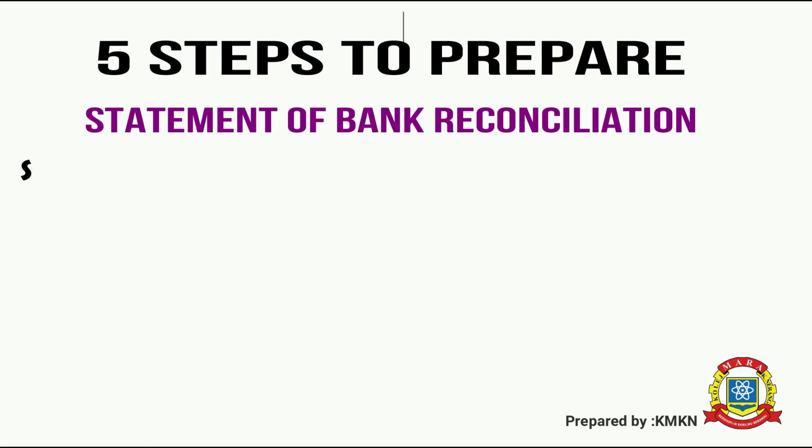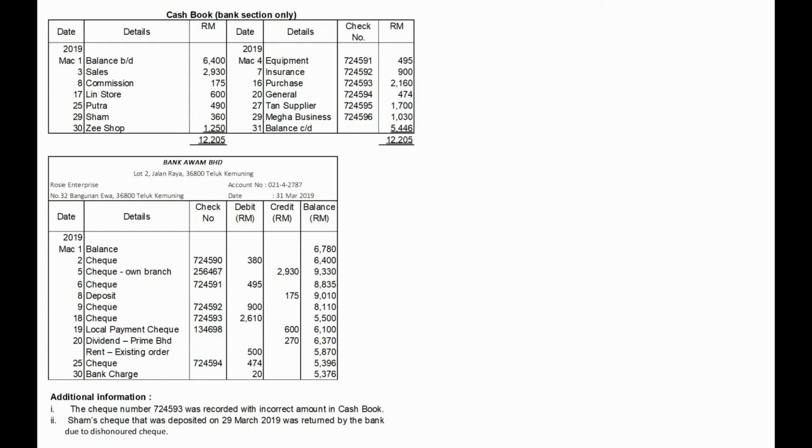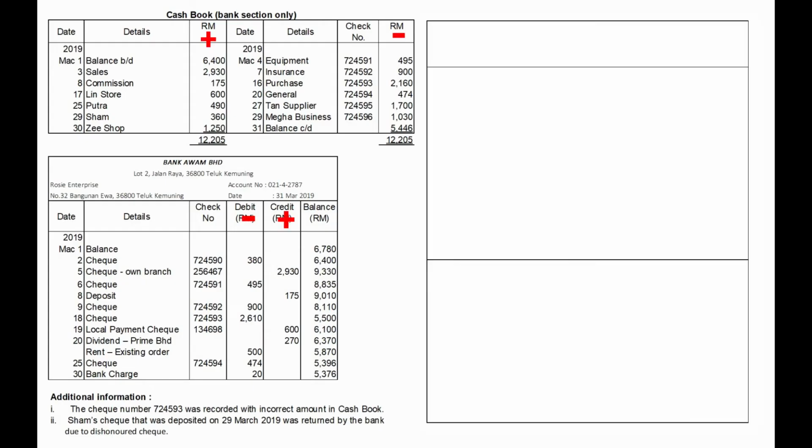Okay, step 1, write the title and ending balance. Okay, let's start. Settle the title first. Write down the name of the company. Statement of bank reconciliation as at 31st March 2019.